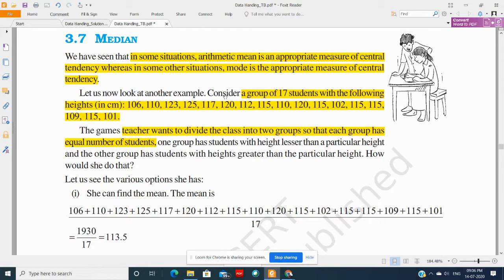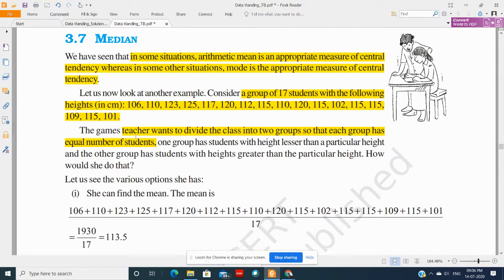Okay, so here they have given a group of 17 students in your textbook, and this data shows the heights in centimeters of these 17 students.